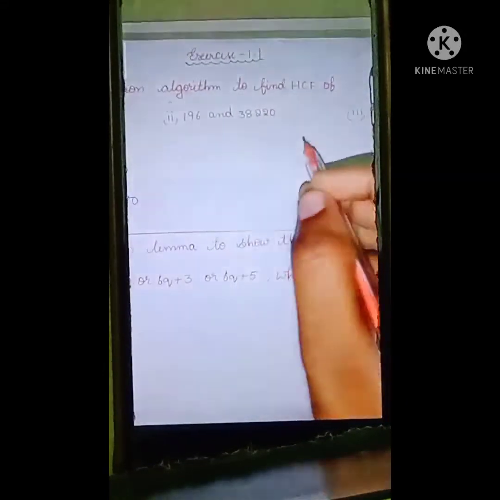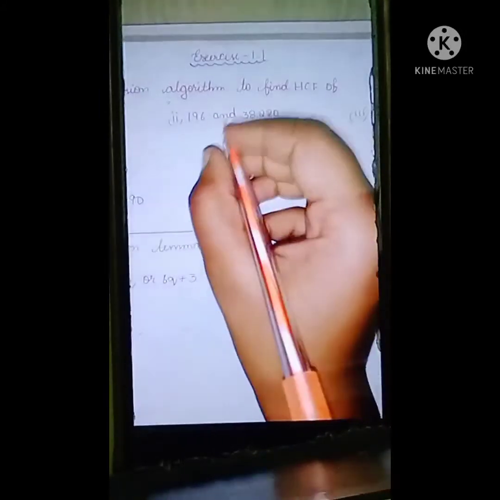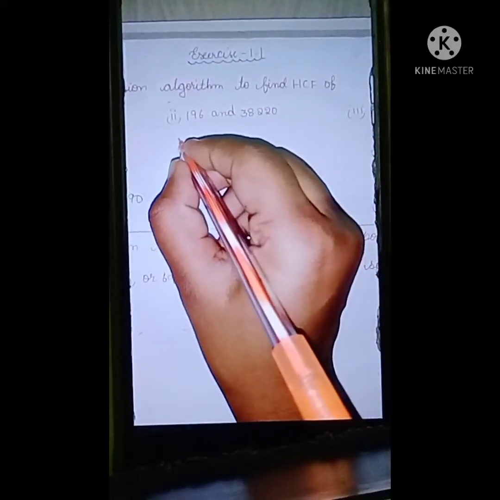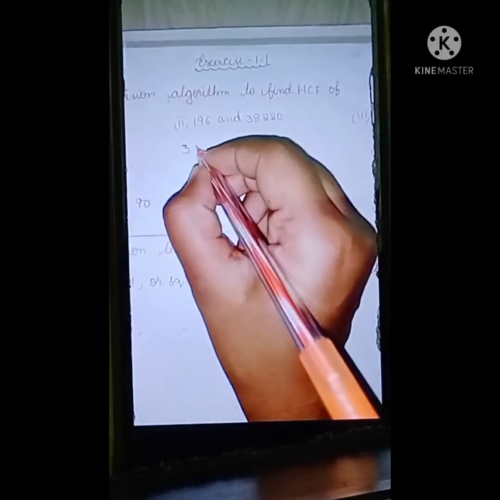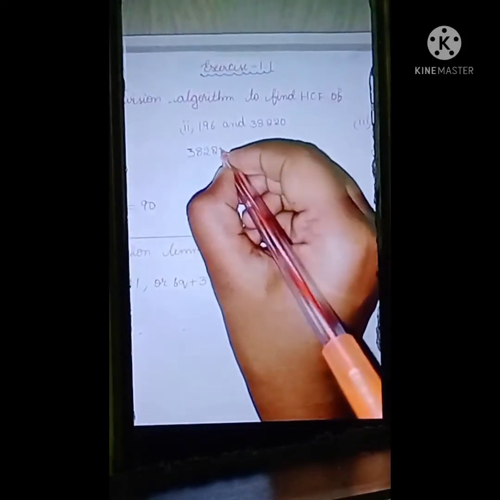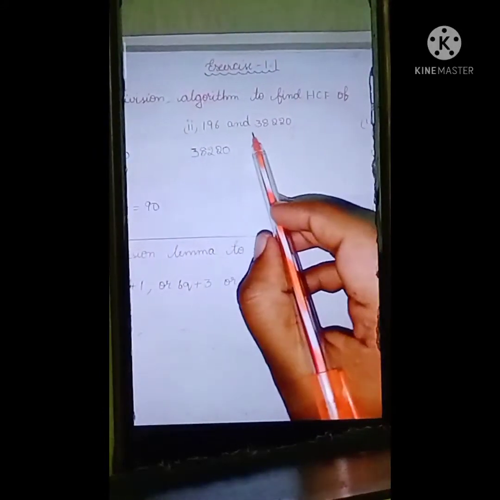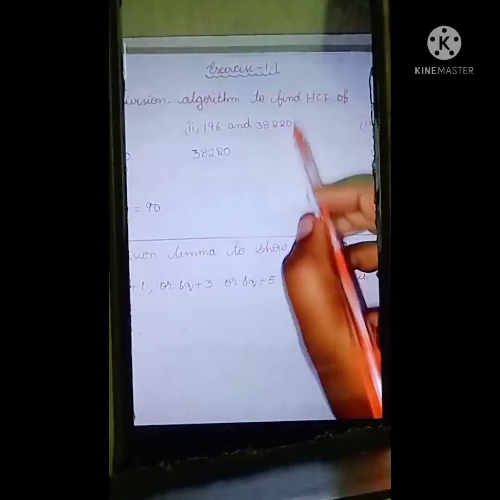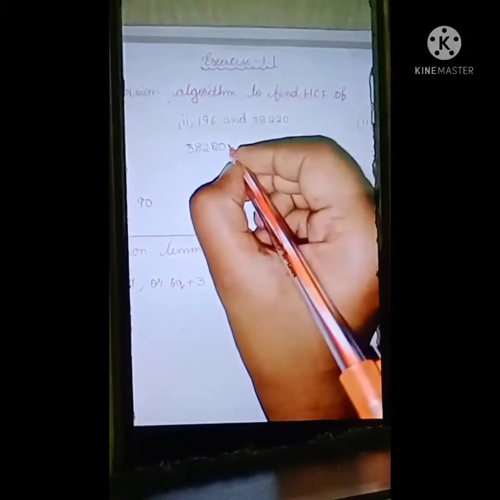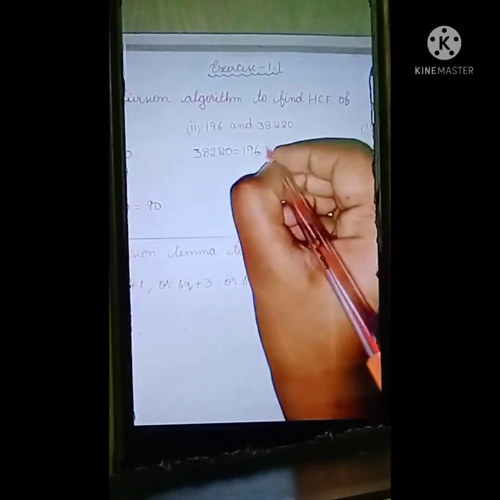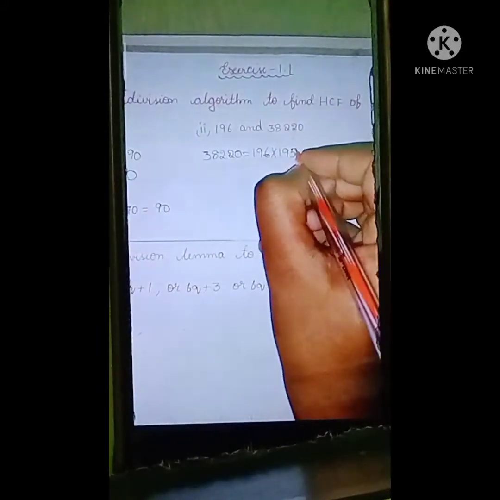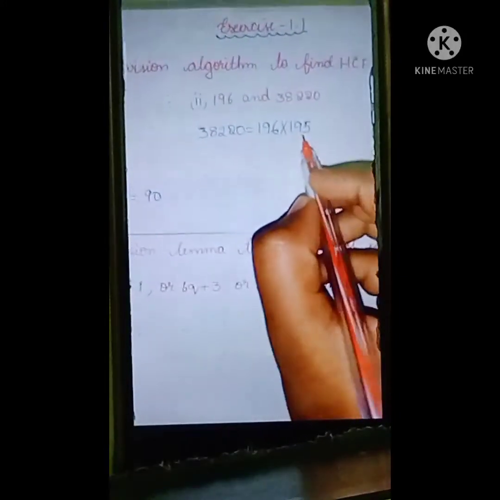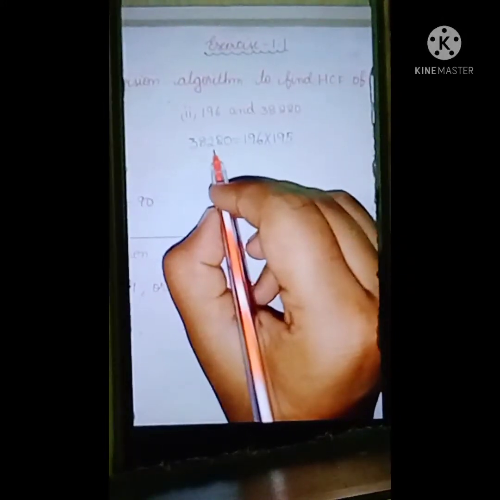196 and 38220. So we are going to find the HCF of 196 and 38220. By doing division we can get it. First take A as 38220. You can do division of 38220 by 196, or you can do it in the form of the division method. If we do, we get 196 as B into 195 equals 38220.